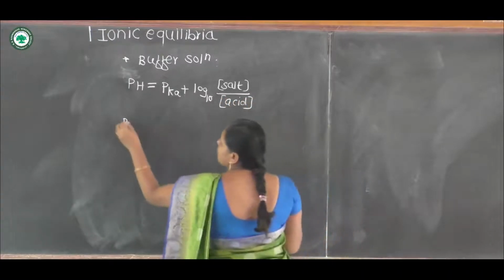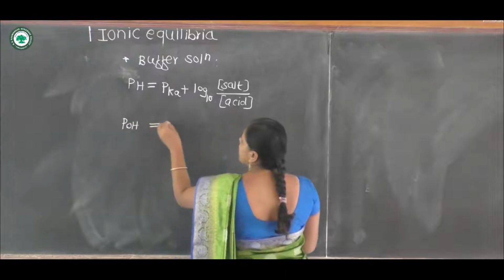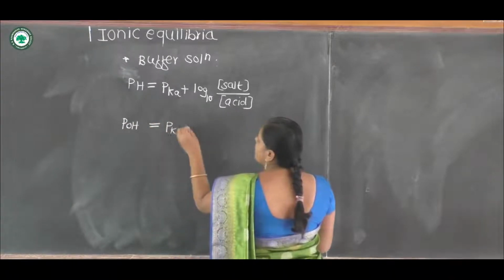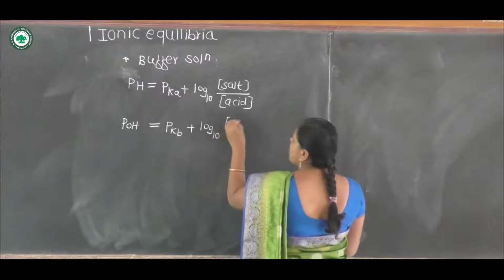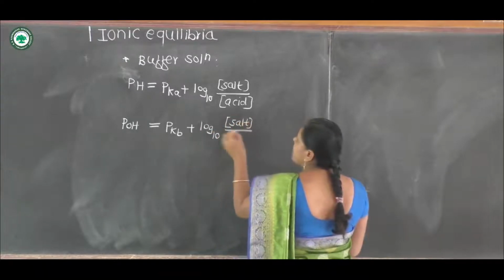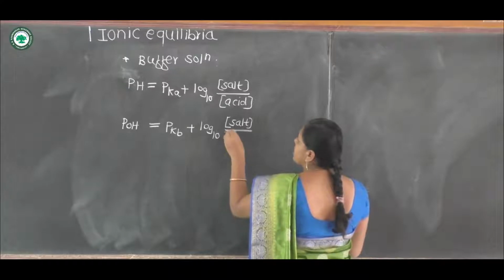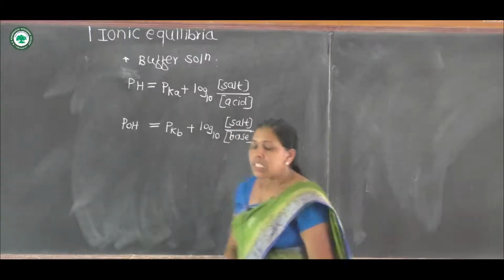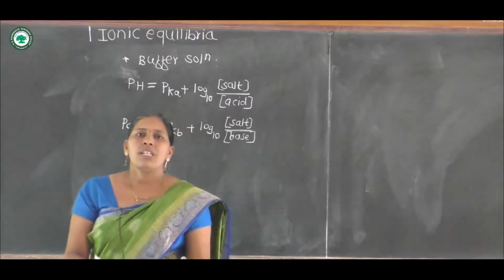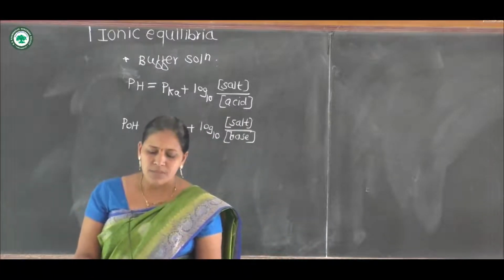Similarly, pOH of buffer solution can be calculated by the formula pKb plus log to the base 10 concentration of salt divided by concentration of base. By using this formula, we can calculate pH of buffer solution.